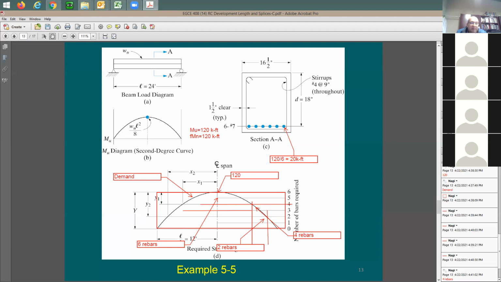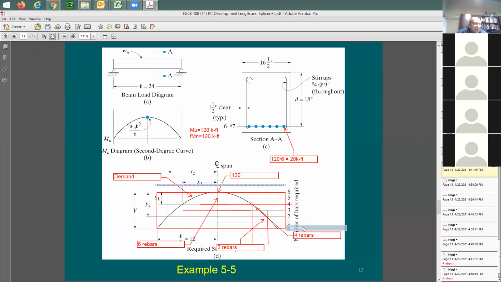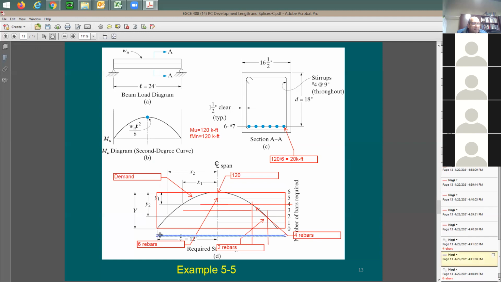Now, if I'd like to put the rebars, I'm gonna put them here in a different color. So let's do it here in blue, let's say. I'm gonna put the first 2 rebars from here to there because I need 2 rebars at any section of this beam.